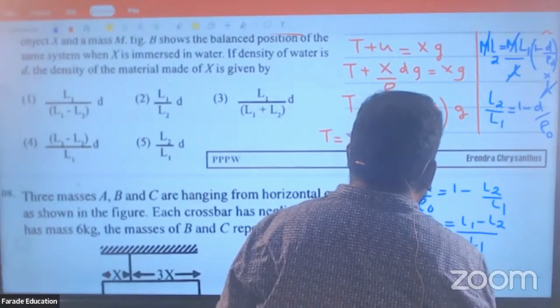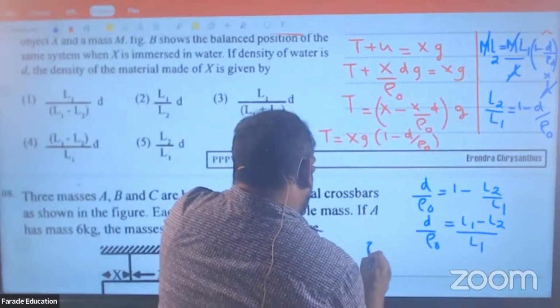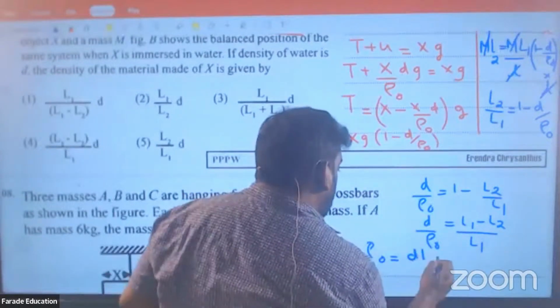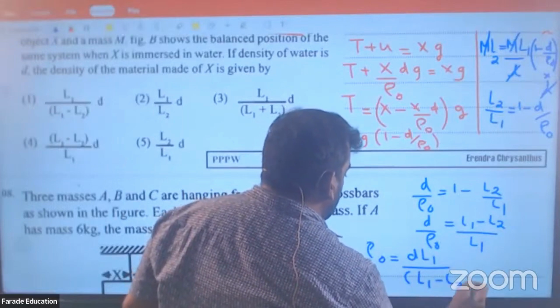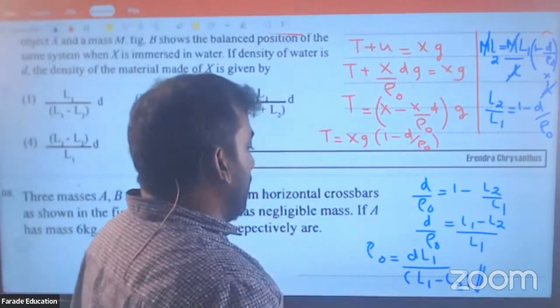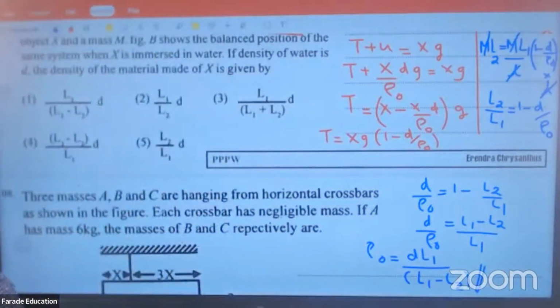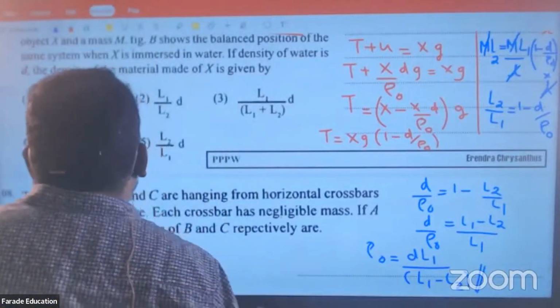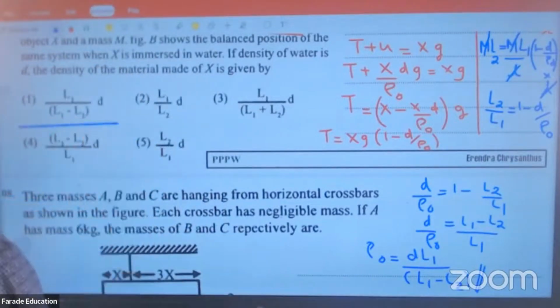So what is rho naught? dL1 divided by L1 minus L2. Answer number 1.